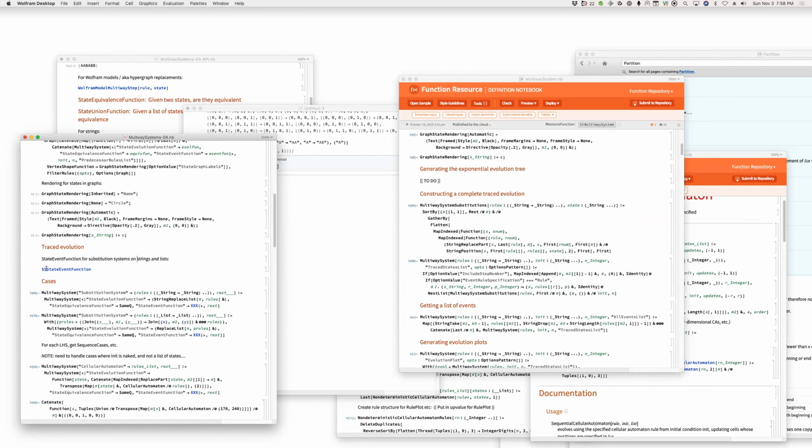Let's simplify this to SS SEF. Well, SS events. And that's going to take a rule and a state. And it's going to give us, okay, that's this thing here, I believe.